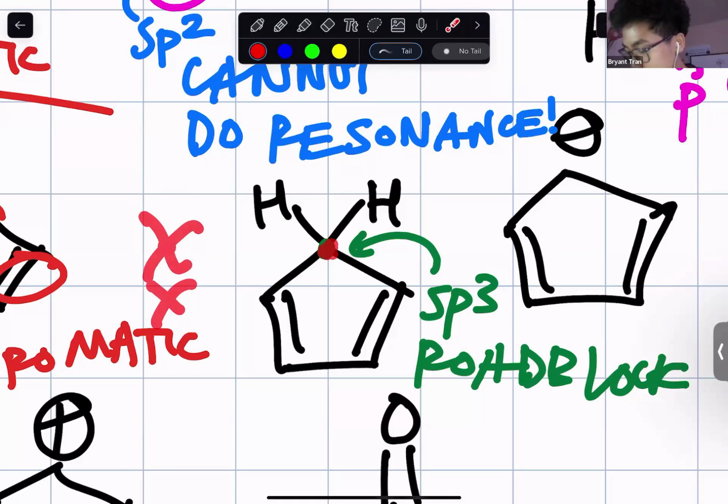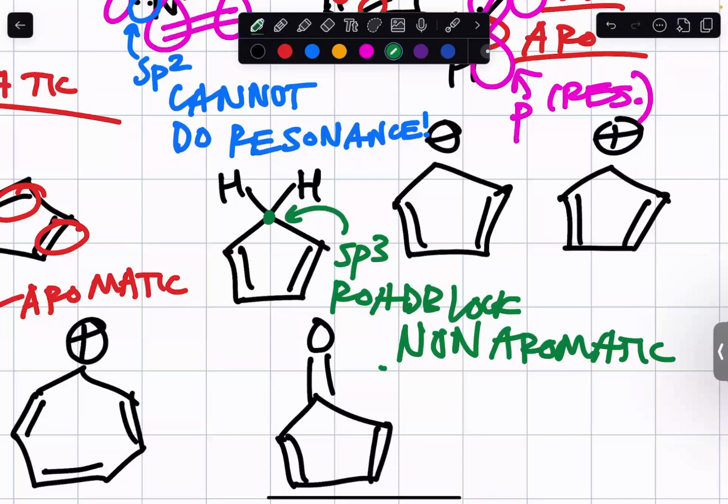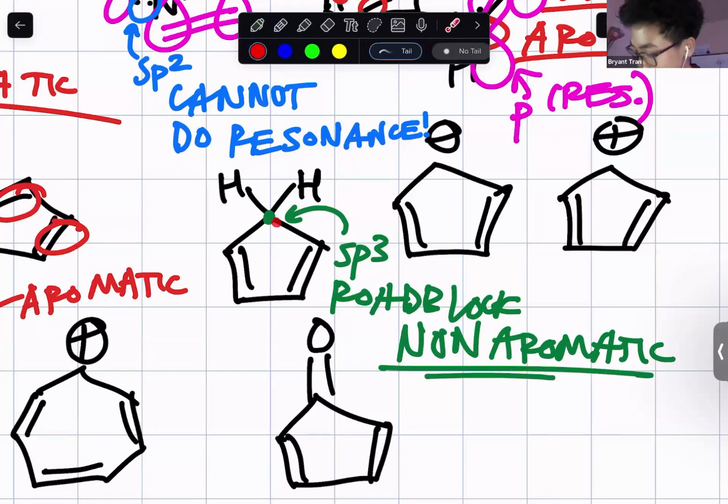So it is cyclic, but it's not planar and not fully conjugated. So that would make this automatically a non-aromatic molecule. Yeah, nice. So be careful of this sp3 roadblock hidden carbon right there, right? Because that would make it non-conjugated and non-planar as well.